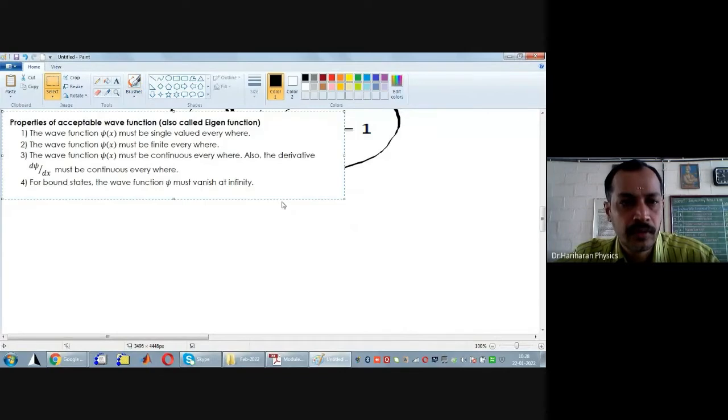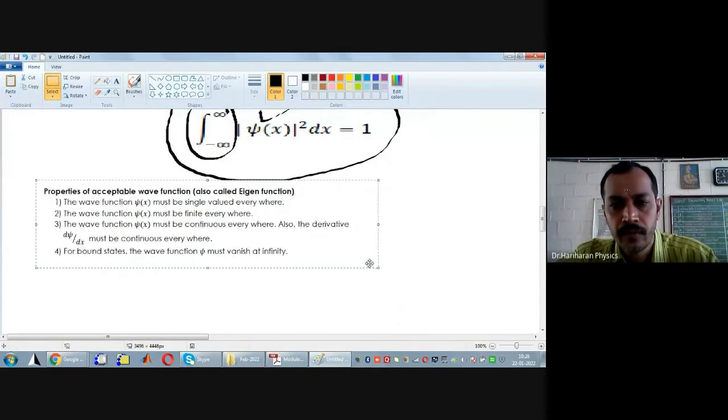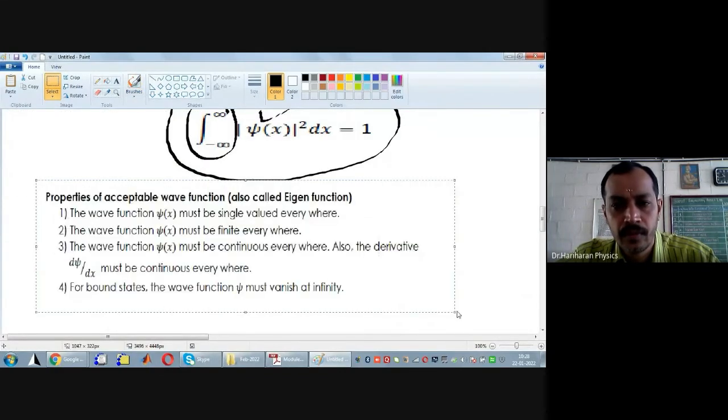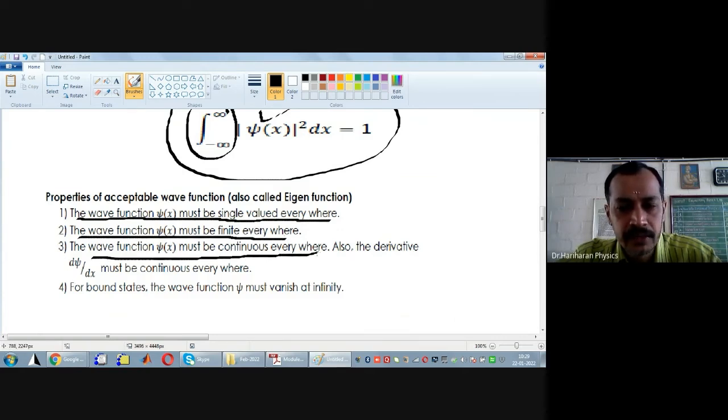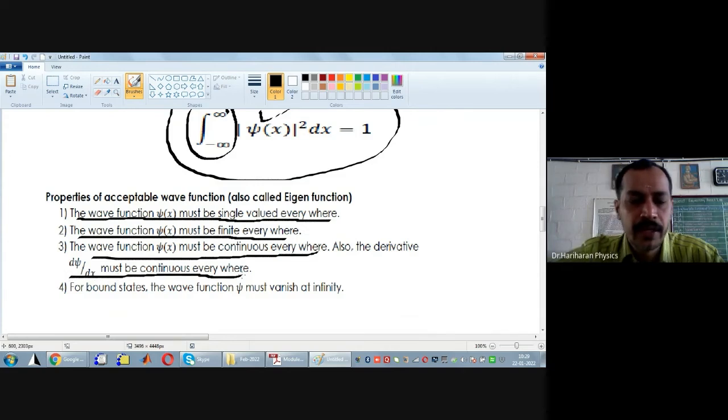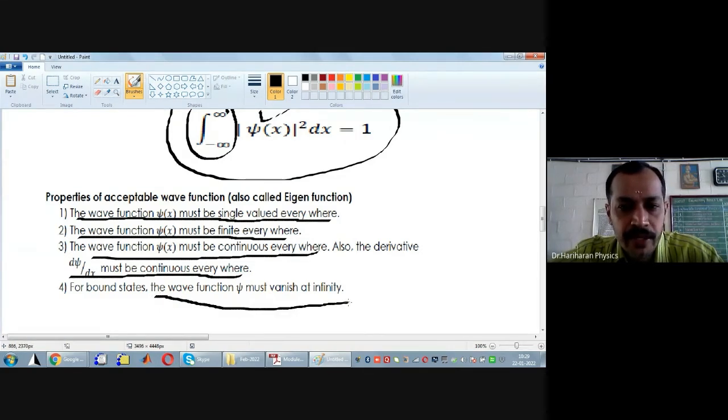Therefore, the properties of acceptable wave function are: the wave function must be single valued everywhere, the wave function must be finite everywhere, the wave function must be continuous, then its derivative d psi by dx must also be continuous everywhere. Further, if the energy is finite, then the wave function must vanish at infinity.